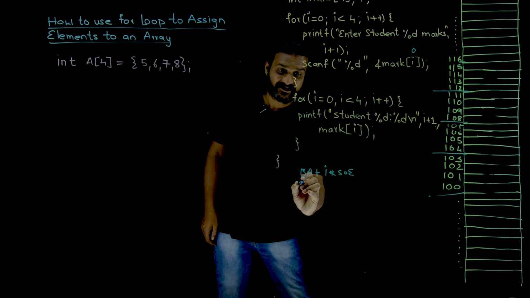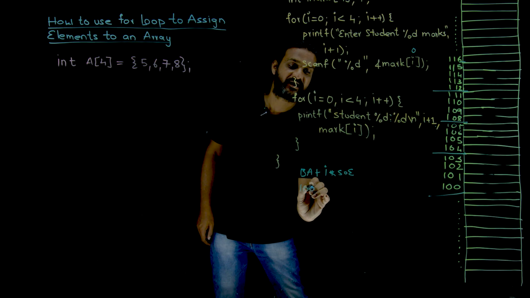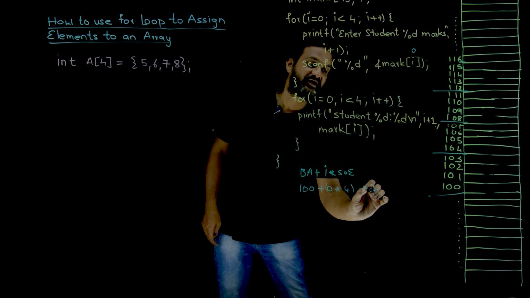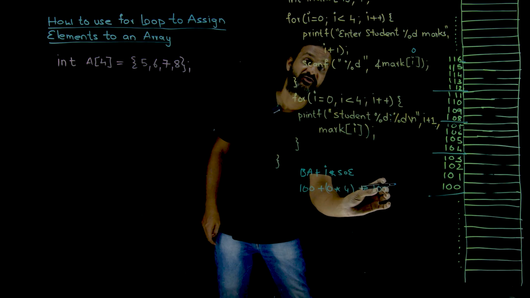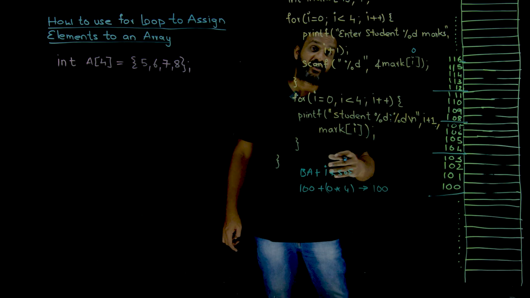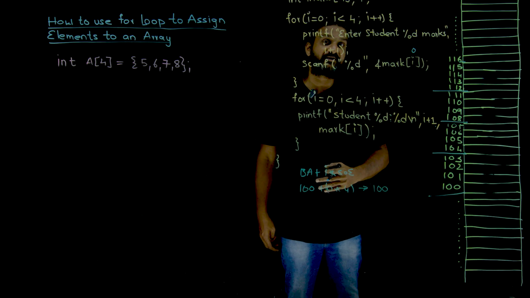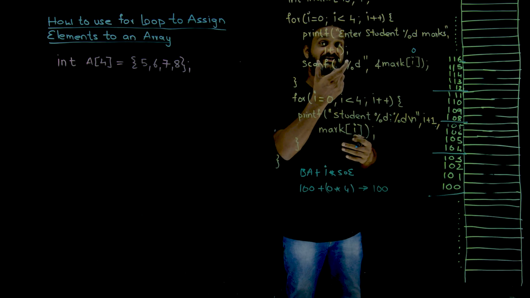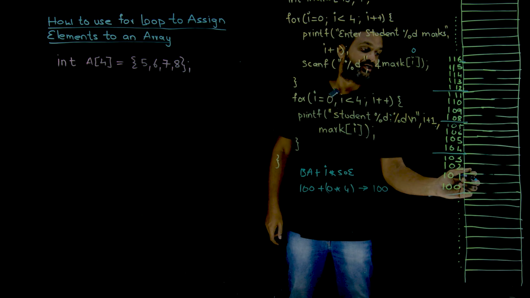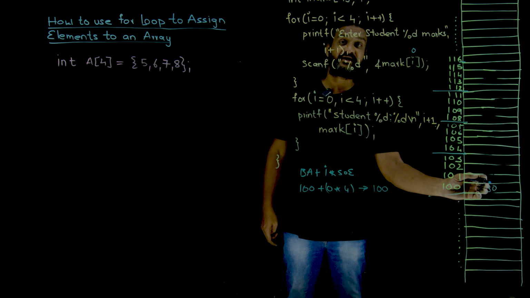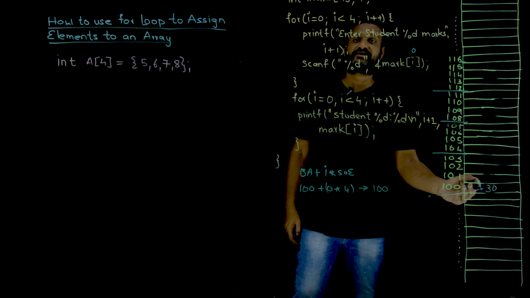The calculation: base address 100, plus index 0 into size of element 4, so the final value is memory location 100. This is where the marks of the 0th student provided by the user will get stored. Let's assume the marks provided by the user is 30, so 30 will get stored in this location.